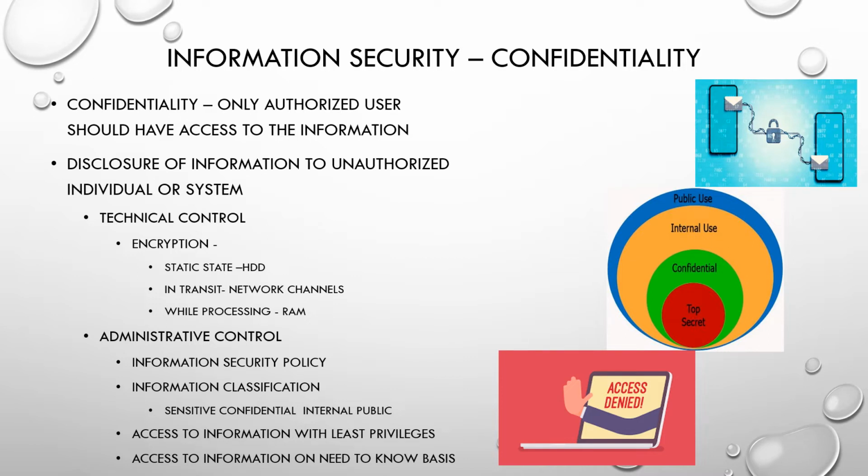Here in this scenario, we have achieved confidentiality with the help of administrative control. The salary document is classified as a confidential document, so we need to have an information classification policy in place. The maker has read and write access to the document, whereas the checker has only read access.